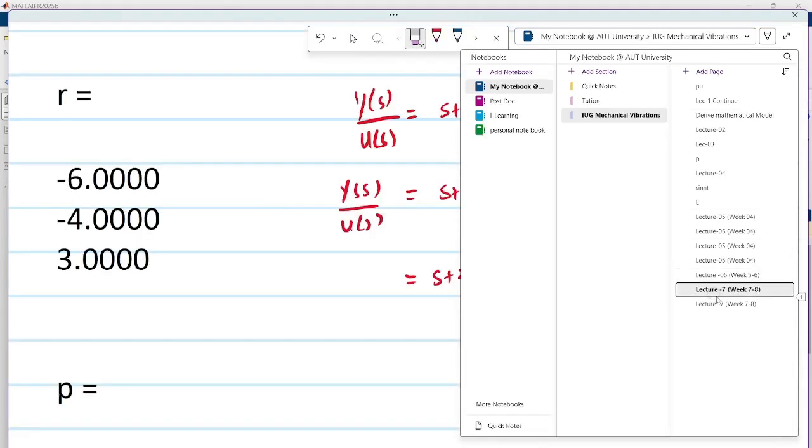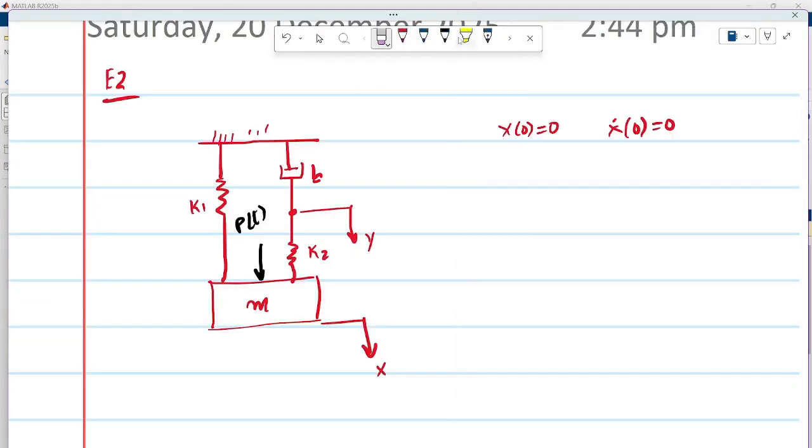So going back to our lecture. Now we have a system that has been excited by the step force as an input, and we have to determine the displacement as an output, and the displacement output we are interested in is x of t.